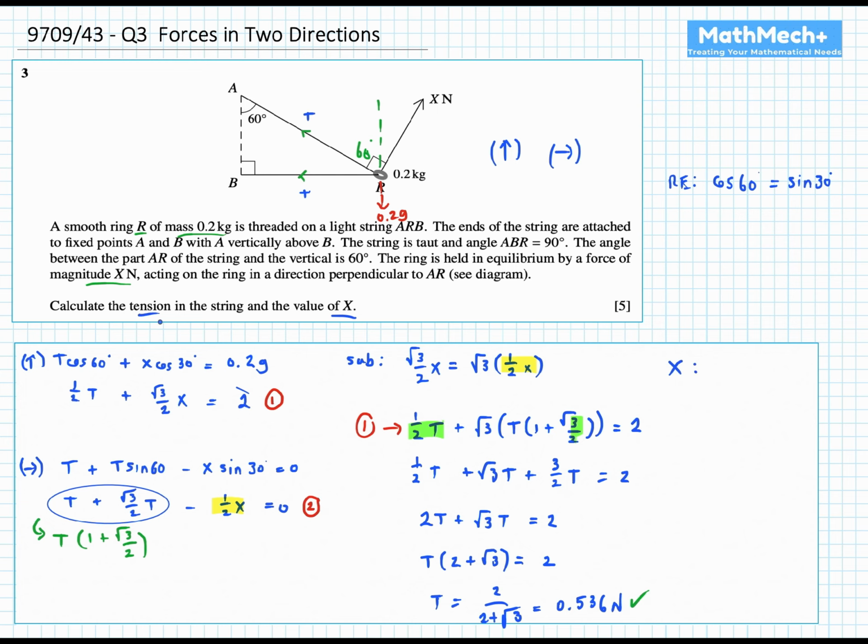Second, lastly, find the value of X. I'm going to again sub something back in. What's the easiest route? I think the second one might be, but I'm going to write it down anyway. The first one, our first equation, is half T plus root 3 over 2 X is equal to 2. It's okay. I think the second one might be easier.